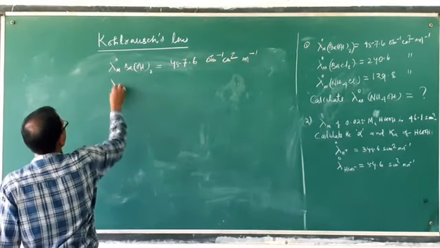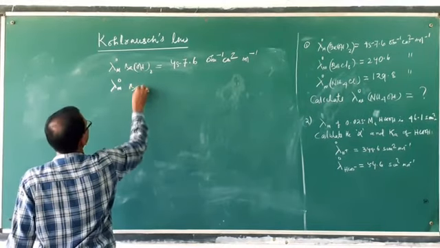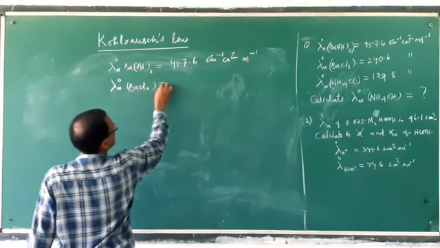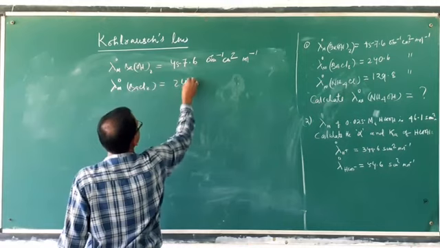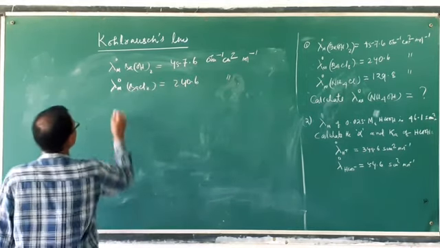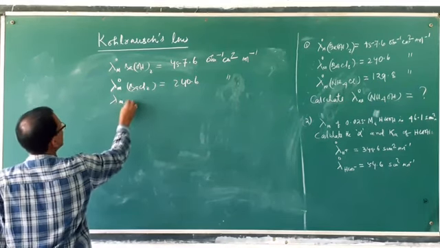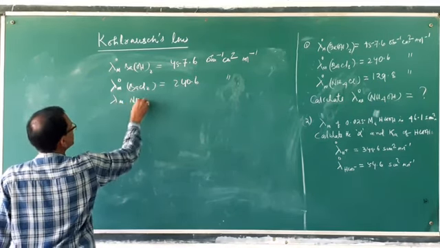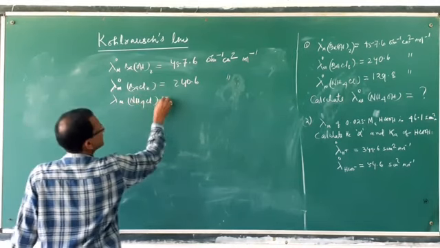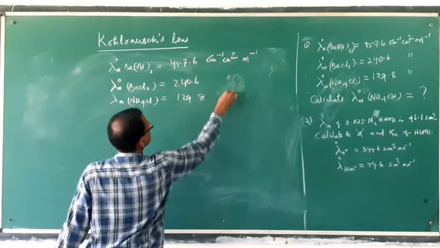Similarly, lambda m naught of barium chloride is given as 240.6 S cm2 mol inverse. Then lambda m of NH4Cl is 129.8.